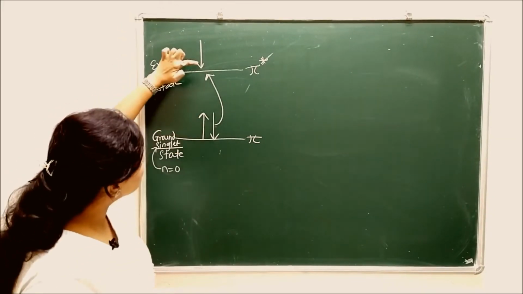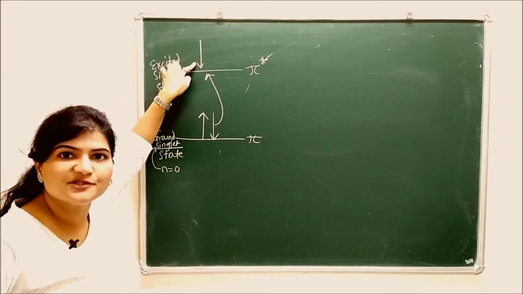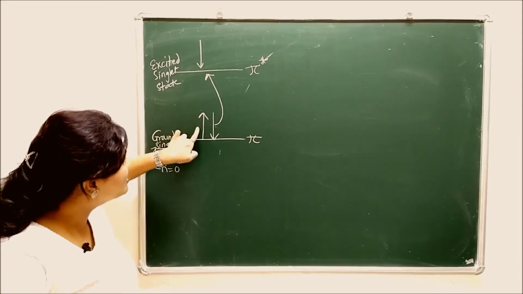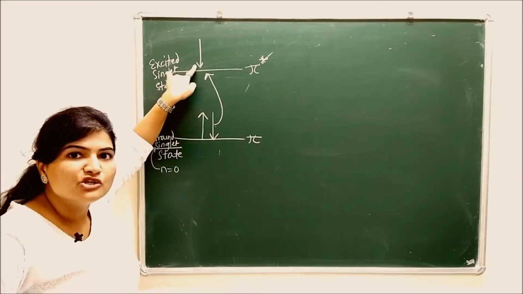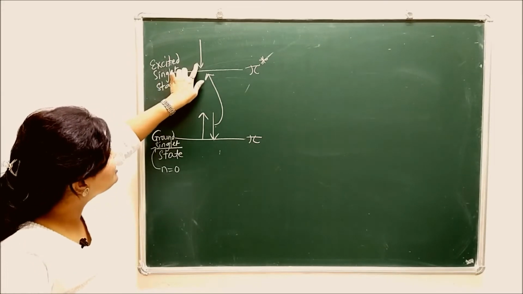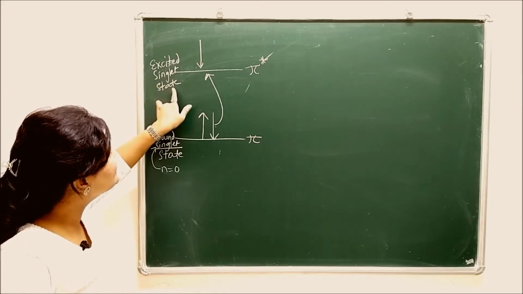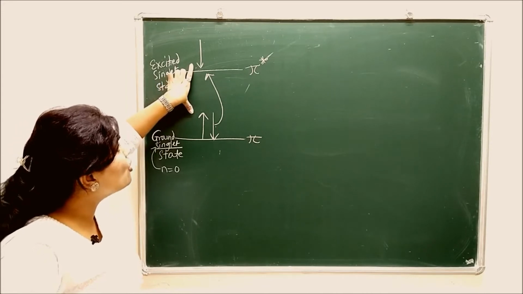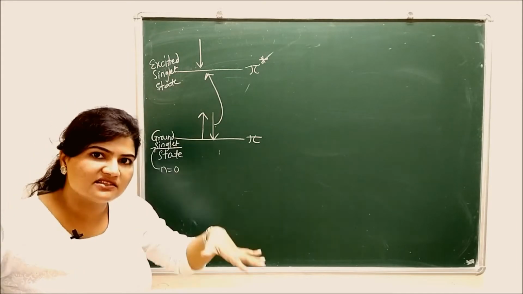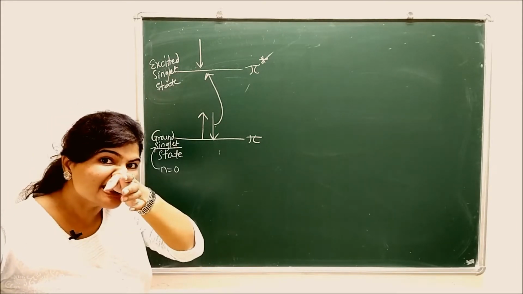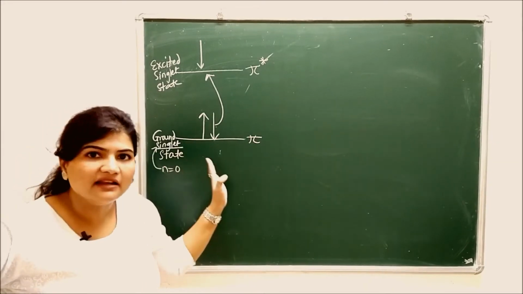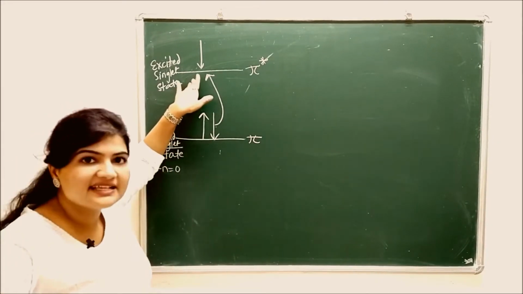If it goes like this, retaining the original spin, you can see this electron there has upward spin, this is downward spin, so the net spin will be 0. Okay, so this electron is now excited singlet state and there are no unpaired electrons as such because the spin is 0. Spin is 0 means the degeneracy will be 1, and so they are one in the ground singlet, one in the excited singlet.